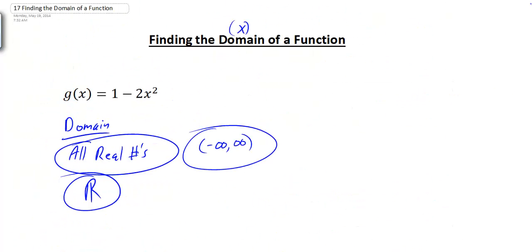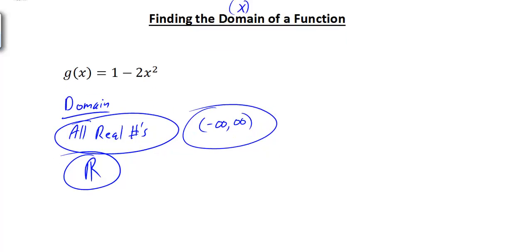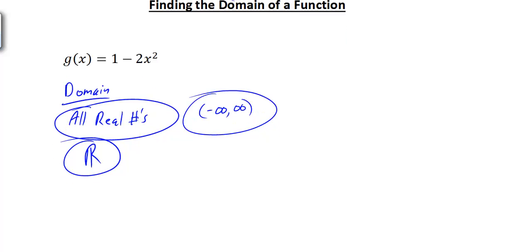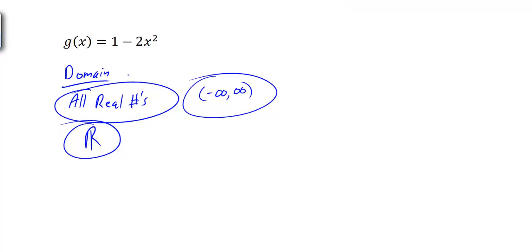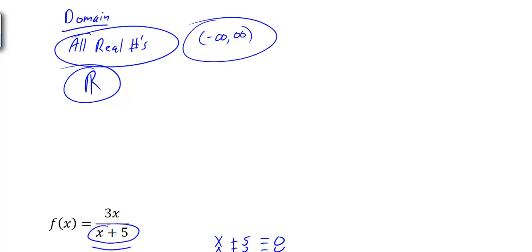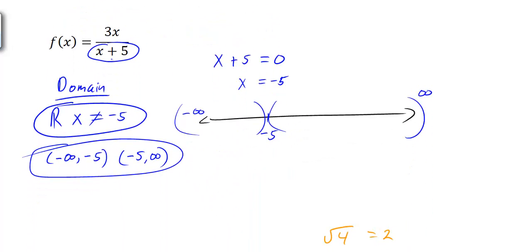So recall with the domain, we're trying to find values of x that we can substitute into the function. And a lot of times it's easier to ask the opposite question, what values can x not be equal to? If you have a polynomial, then you can use any real number. If you have a denominator, make sure that your value does not give you 0 in the denominator.